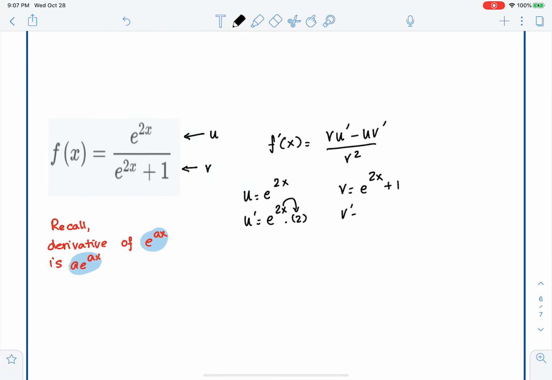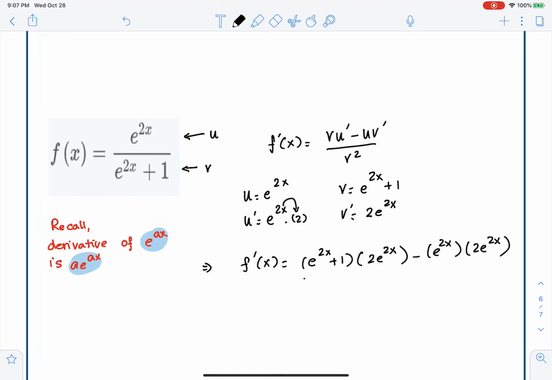The same applies here to e raised to 2x, and derivative of 1 is 0. So f prime of x would be equal to v u prime minus u v prime divided by v squared.